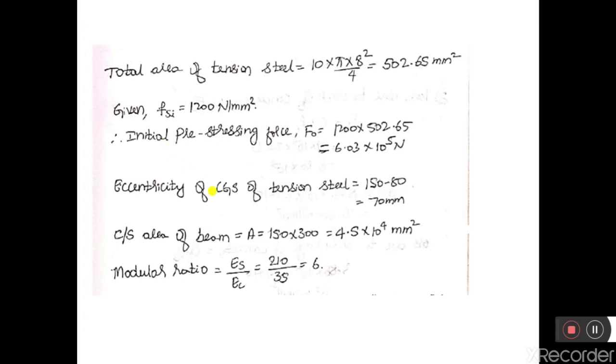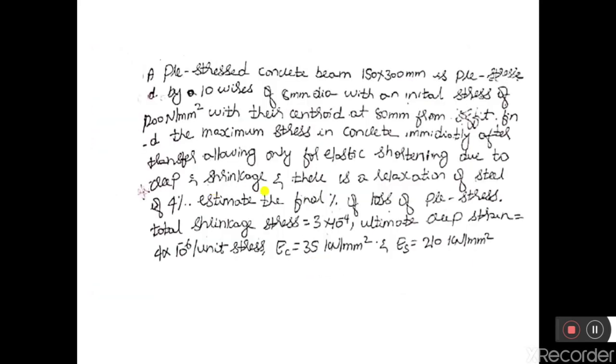So here he has asked us to calculate all the losses with respect to the pre-stress, but one thing he has specified is to calculate the maximum stresses in the concrete immediately after transfer, allowing only for elastic shortening.